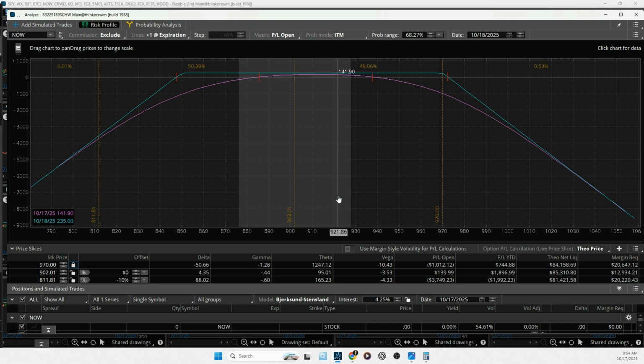TD Ameritrade ran it for a long time, and I think increased the awesomeness of Thinkorswim, and then sold it to Schwab, and now Schwab is running with it. I think they're increasing the awesomeness of it. I feel like the futures buying power was a lot better under TD Ameritrade, but overall, as far as the stock market, I think it's becoming a lot better.